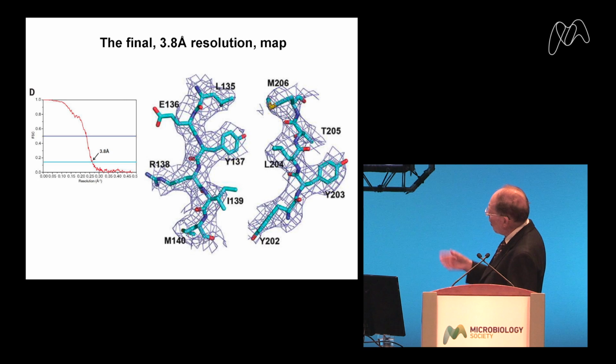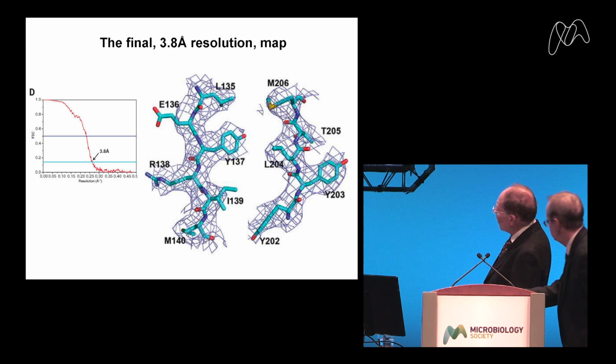What you see in the middle of the diagram is the fit of the structure to given amino acids, and it fits pretty well. You can see a tyrosine 203 fits, the arginine 139 fits.